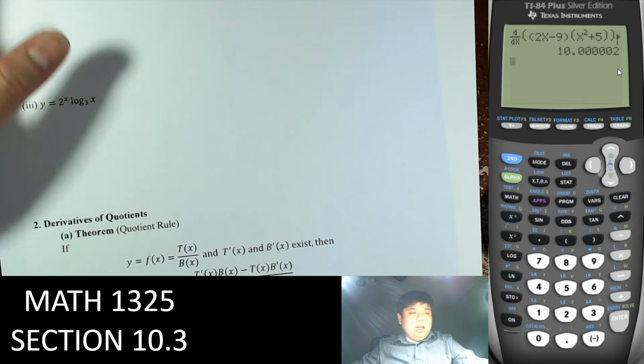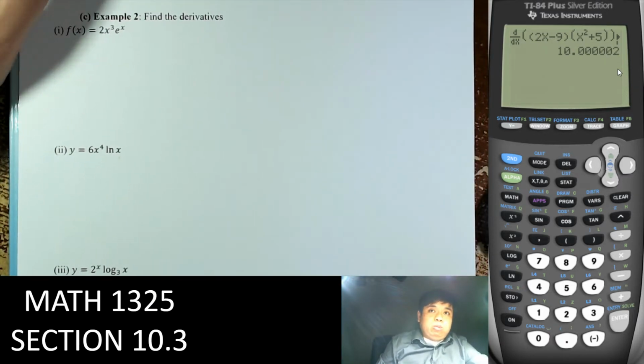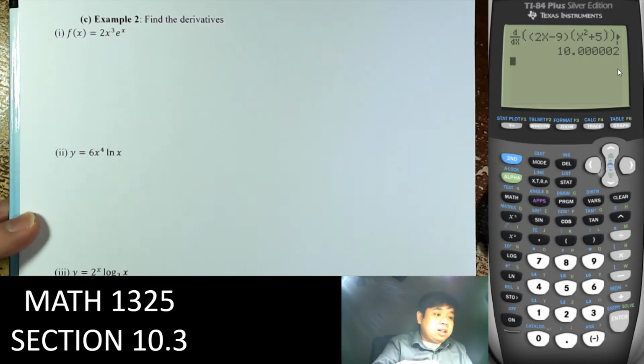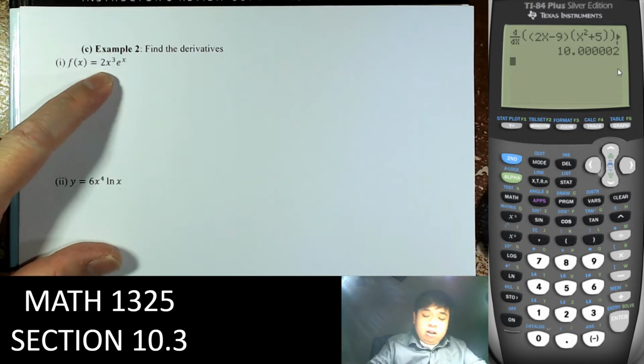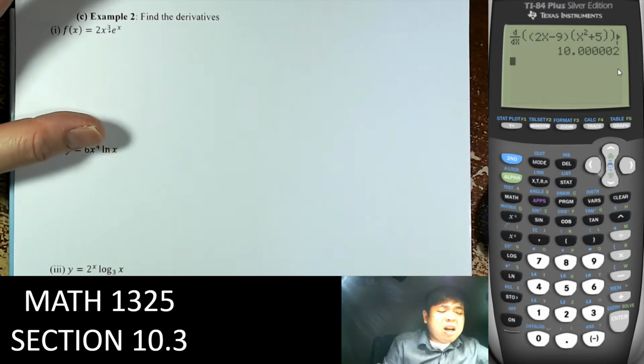Right. So on that previous problem, we did not use the product rule, we just multiplied it out. And I would advise you, if you can multiply it out, just do that. There are certain problems where we have to use the product rule, namely something like this, because we cannot simplify this any further. So we have a product.